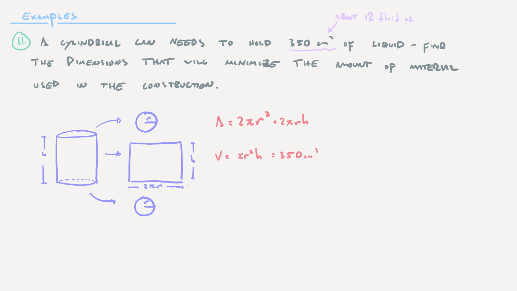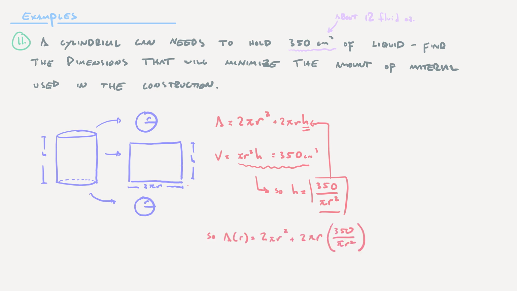And because we know what the volume is supposed to be equal to, which is 350 cubic centimeters, we can use this information to actually solve for h so that our area formula will only be in terms of radius. So let's do that. What I did is I just divided by pi r squared. That's actually it. So then I just plug that in for the h that exists in the area formula, and now we have the area in terms of r.